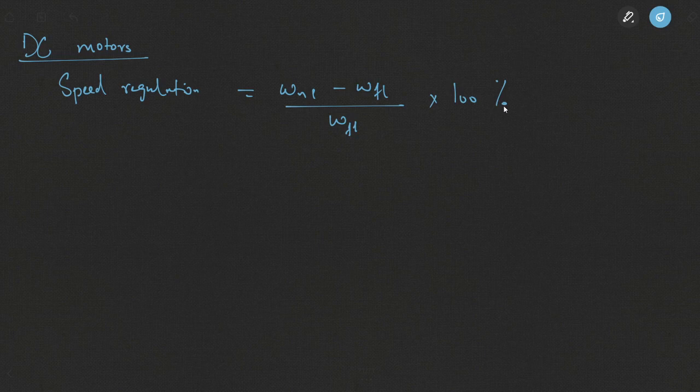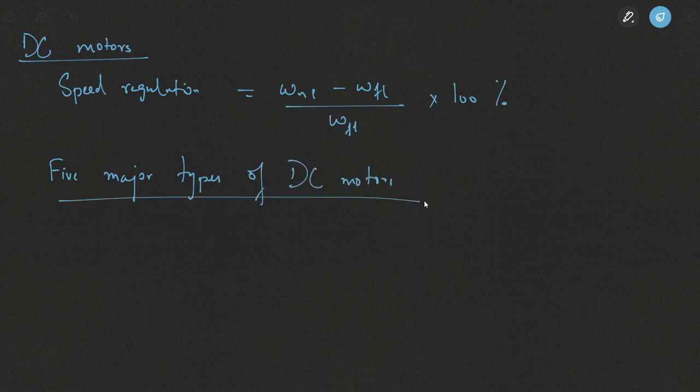Now we'll be taking up, as I have been saying regularly, 5 different types of DC motors. So positive speed regulation means as soon as you load the DC motor, the speed will decrease.